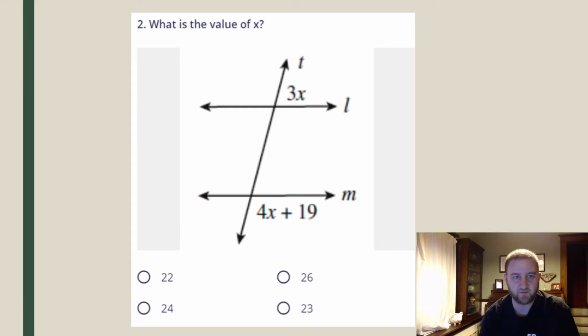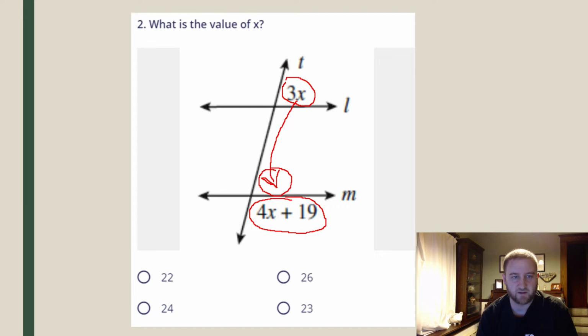It says, what is the value of x? We've got two different angles given here, 3x and 4x plus 19. Now you have to think about whether these are congruent or supplementary. If we take 3x and slide it down so that these intersections match up, this 3x is going to come right here, corresponding with this angle.